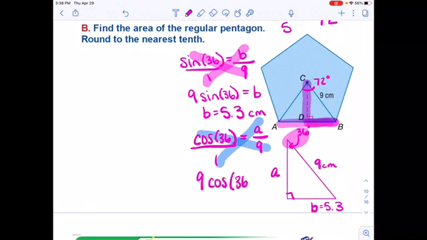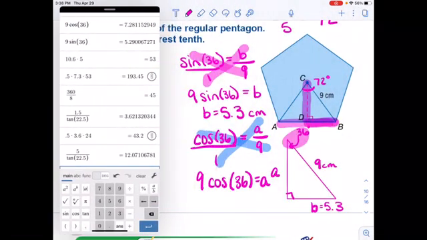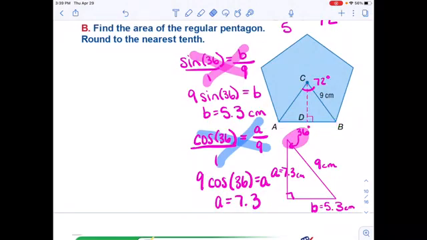So I have 9 times cosine of 36 equals my apothem, which is 7.3 centimeters. Okay, so I have my apothem, 7.3. I have half of my base, this guy, BD. I want the whole thing AB, so I'm going to double it and get 10.6 centimeters.